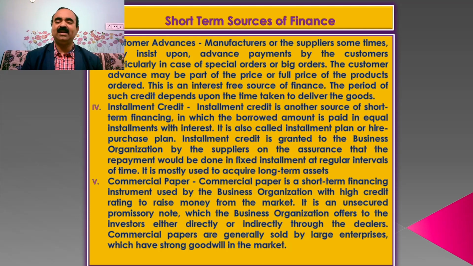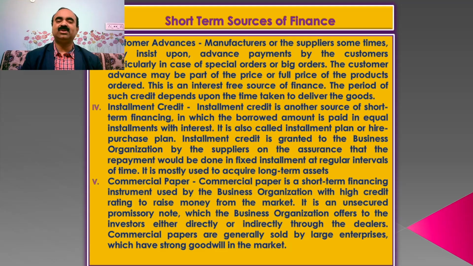Installment credit is granted to the business organization by the suppliers on the assurance that the repayment would be done in fixed installments at regular intervals of time. It is mostly used to acquire long-term assets.